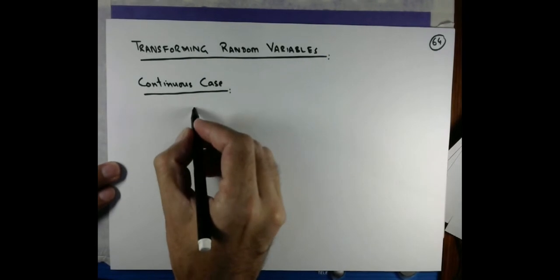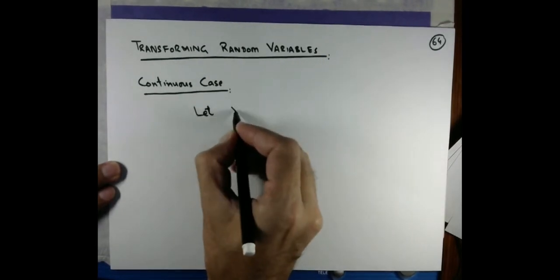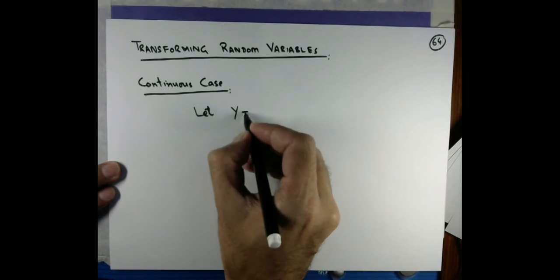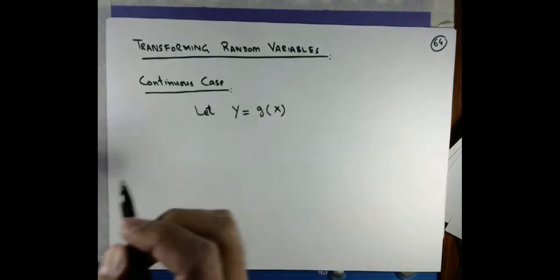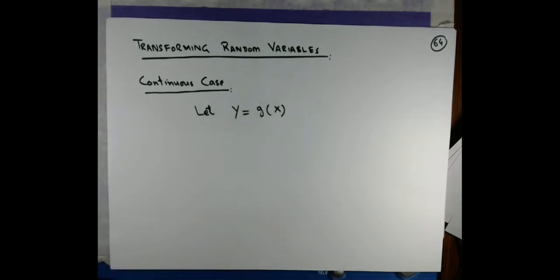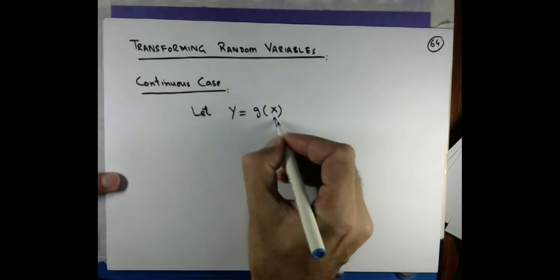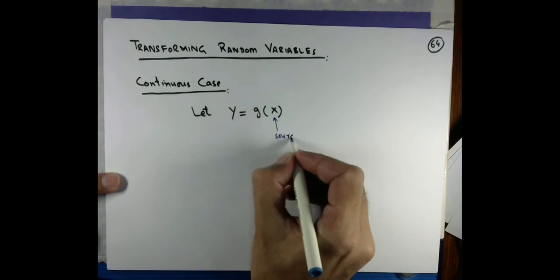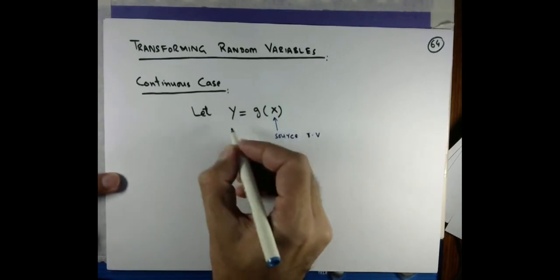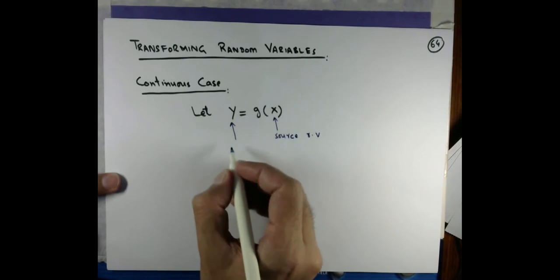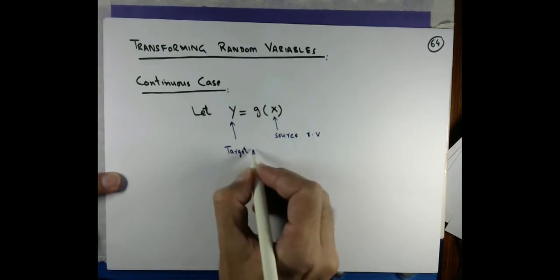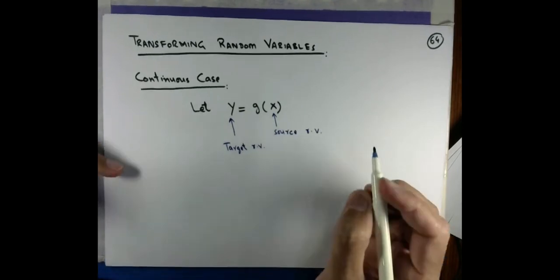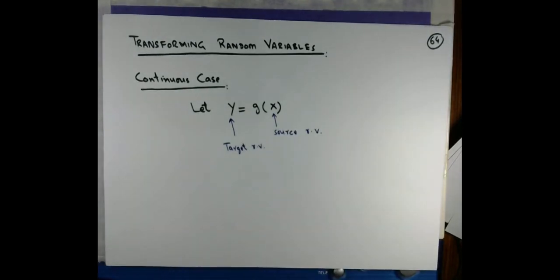We let our derived random variable y be obtained from the parent random variable x, the source random variable x. So this is your source random variable, and this is your target random variable. Call it target, call it derived random variable, it is up to you.